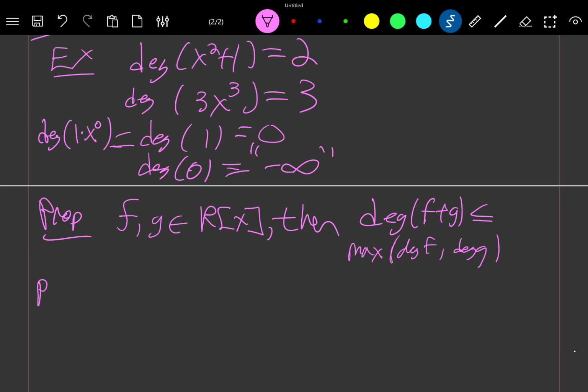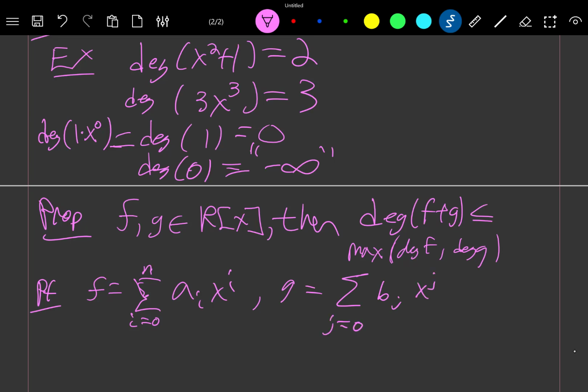And a proof of this is, well, say f is the sum of a_i x^i, and g is the sum of b_j x^j. And here I have two different indices, so this one goes up to n and this one goes up to m. And let's just say m is less than or equal to n.